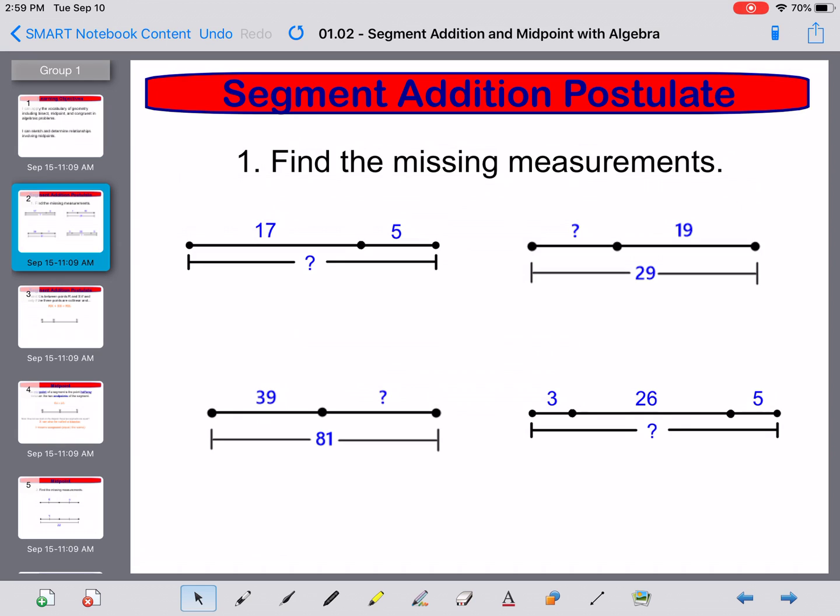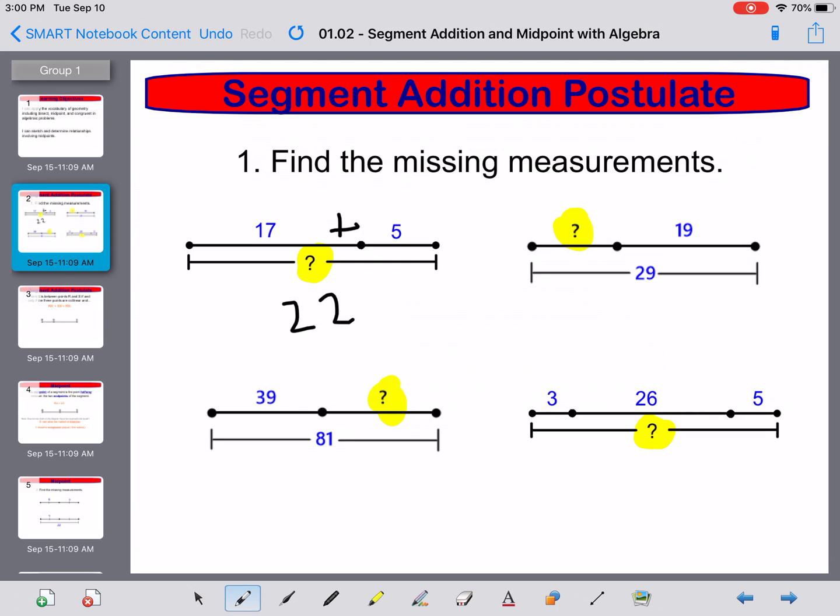If we just look at this in general, the first four, we're looking for our missing piece. So we're looking for this, this, that, and this whole thing. You should be able to deduce that the whole thing is when I'm adding those two, so I'm going to end up with 22.